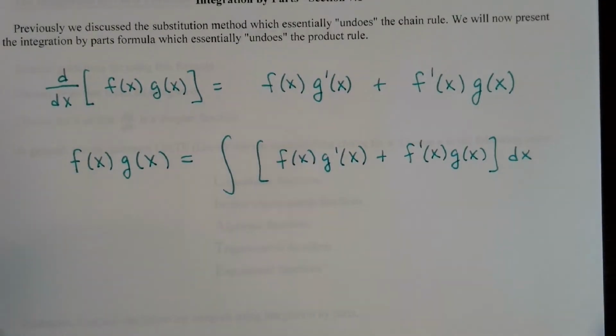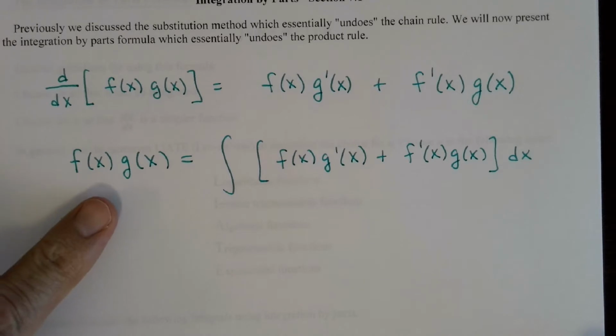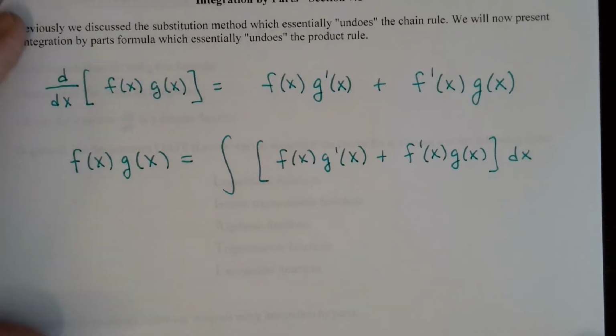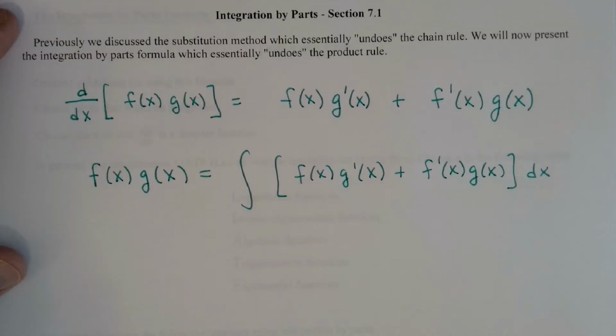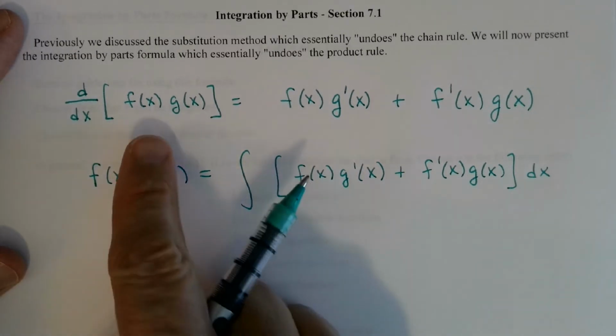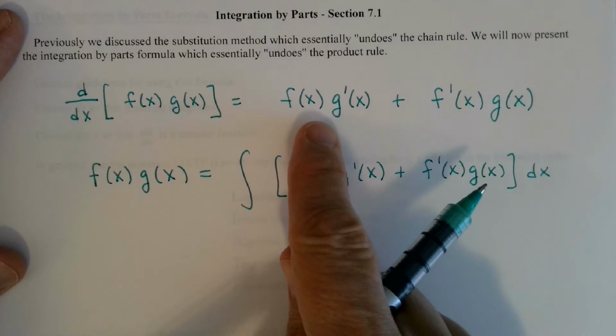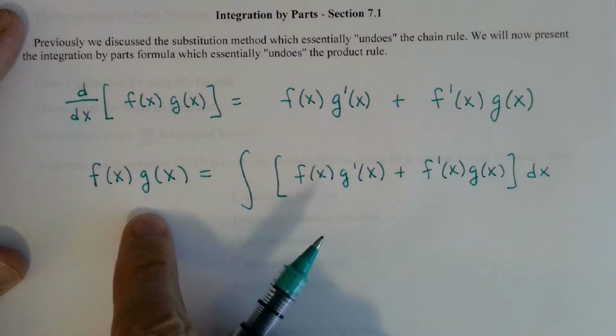But this is just straight from what we know about the antiderivative. Since the derivative of this product is all this, then the antiderivative of all this is this product.